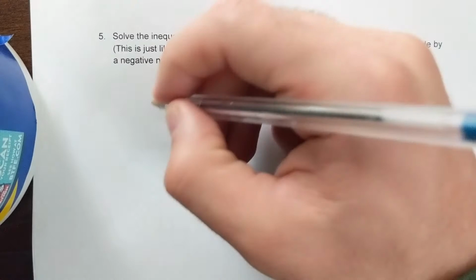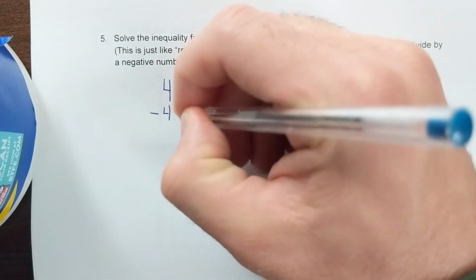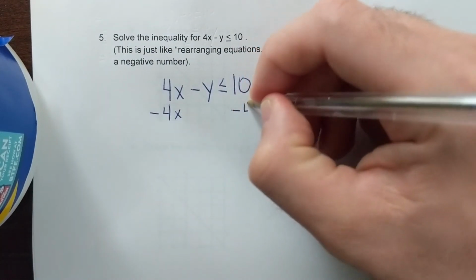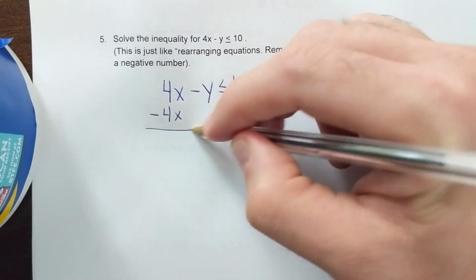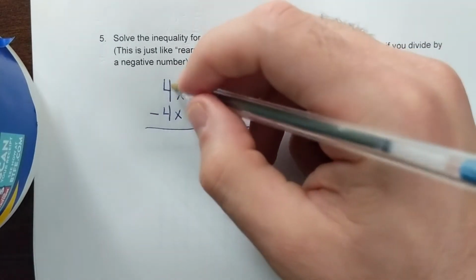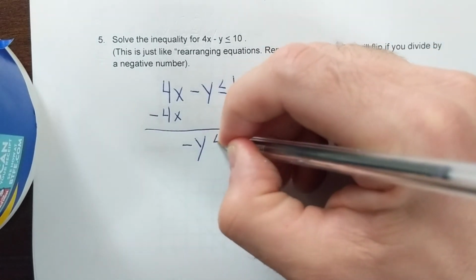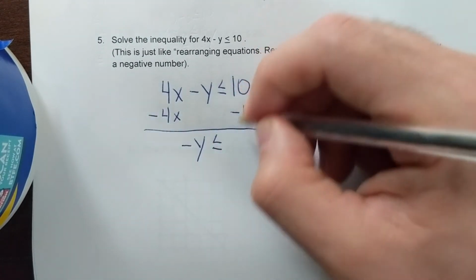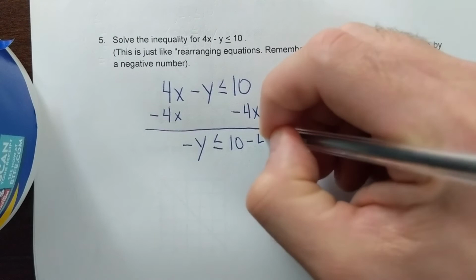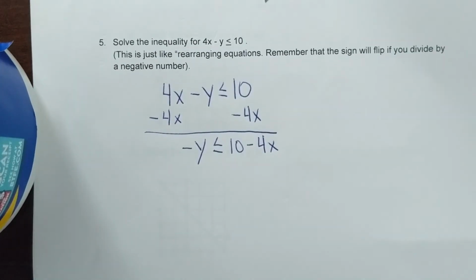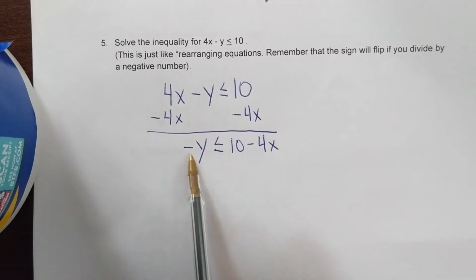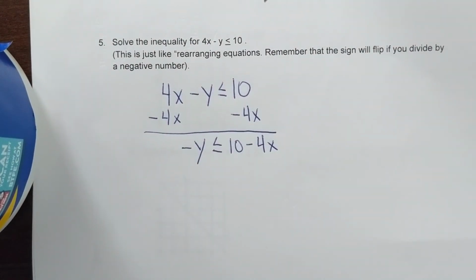So this is a positive 4x, so I'm going to subtract 4x from both sides of my inequality, just like I would have with an equal sign. If I do that, that gives us 0, so we're just left with negative y is less than or equal to 10 minus 4x. We can't combine the 10 and the 4x, so they're just written next to each other.